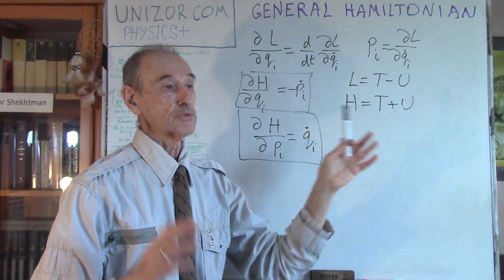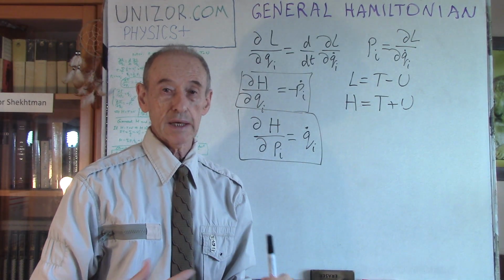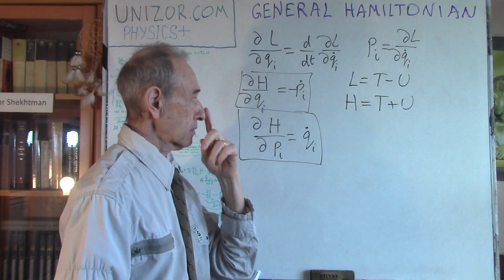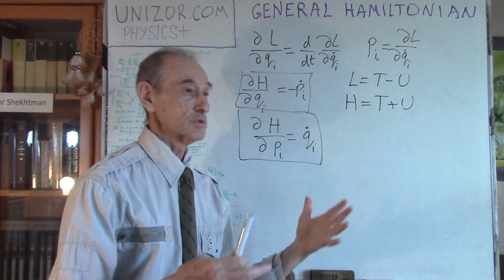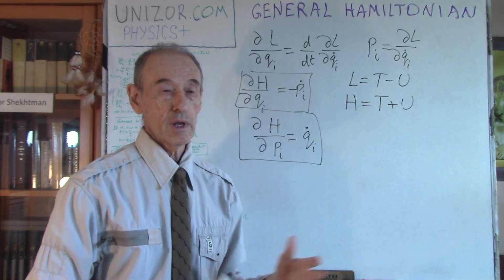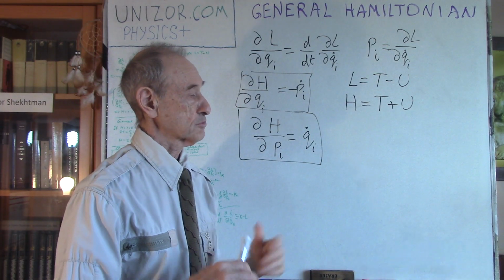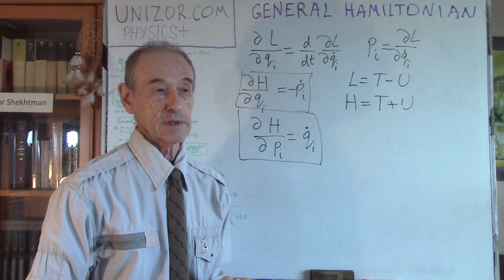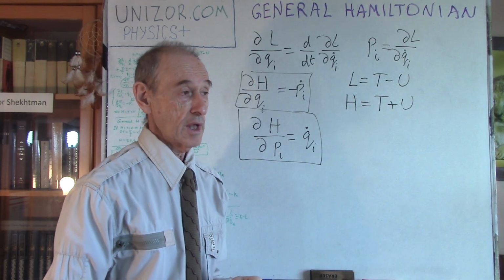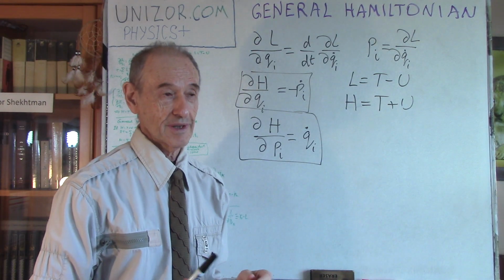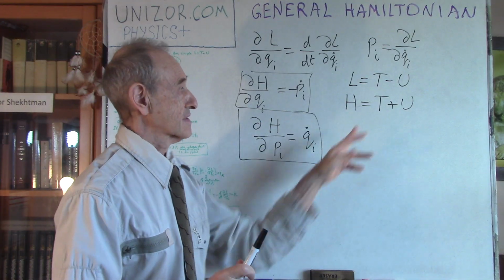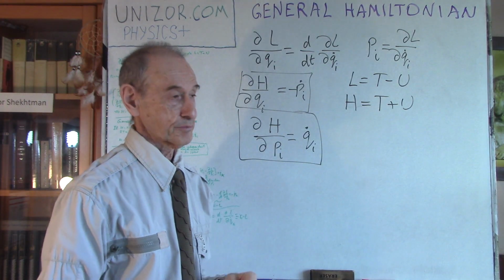It's true for most simple mechanical systems, but whenever we want to use this in a much broader number of problems and theories, and we will, this is not applicable anymore.